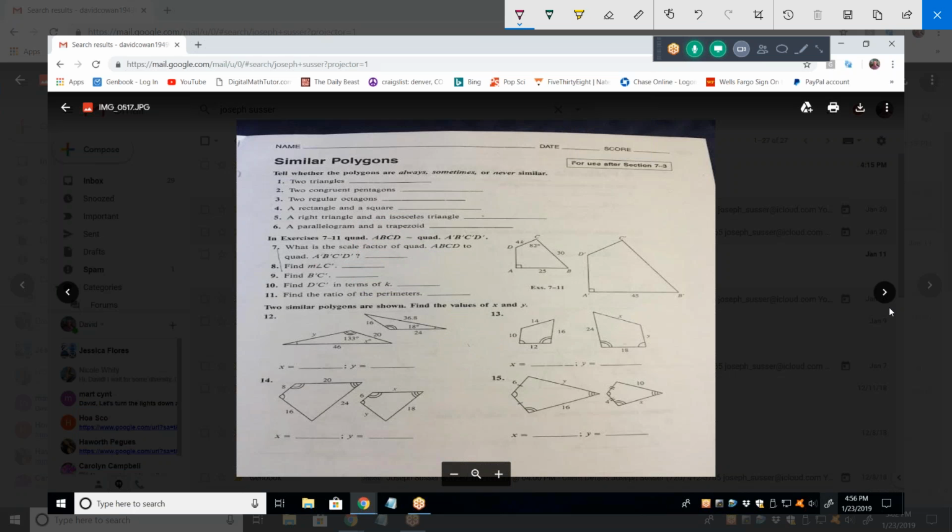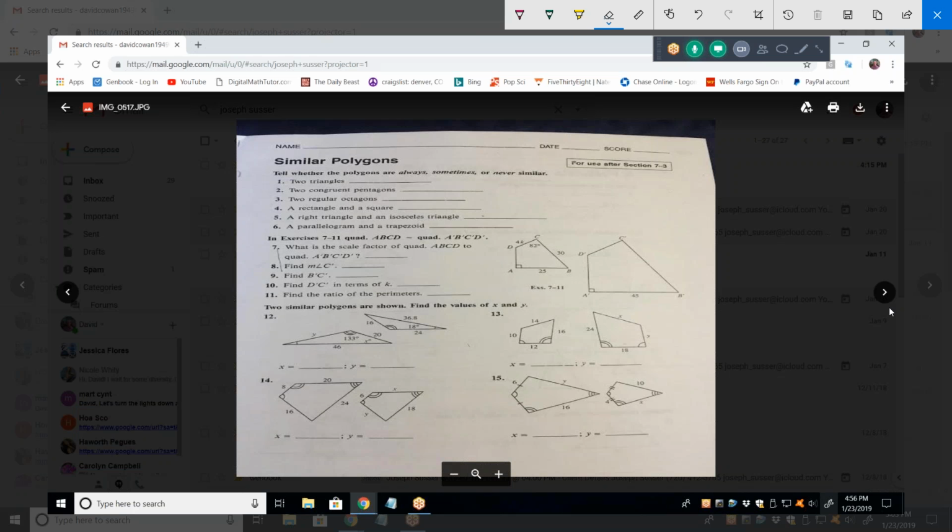So, first of all, I guess by definition, AB is the corresponding side to A prime B prime, huh? Because they could have been rotated. In other words, they're not rotated in this diagram.